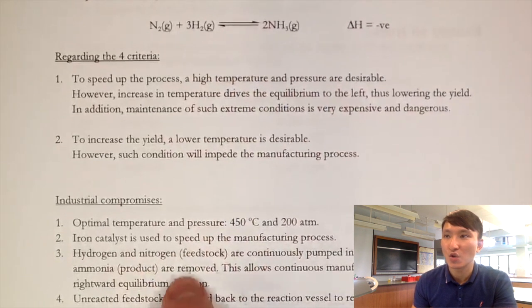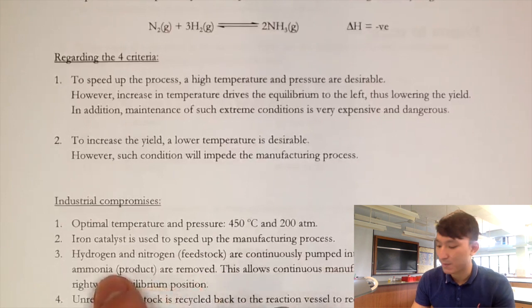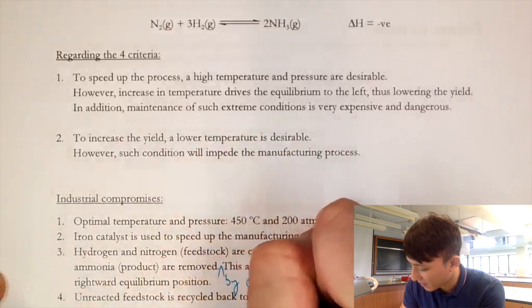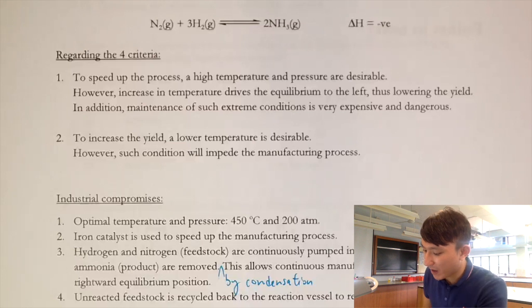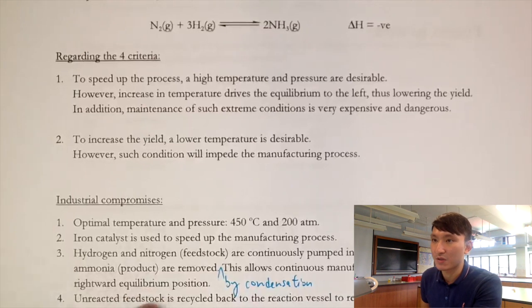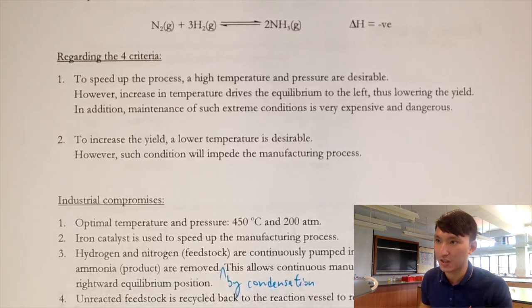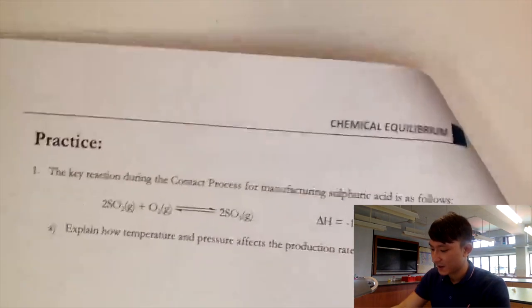They remove the ammonia by condensation, if you want to put it down as a remark. So maintain a rightward equilibrium position. Unreacted feedstock is recycled back, to avoid waste and avoid contamination. Okay, so this is the idea.